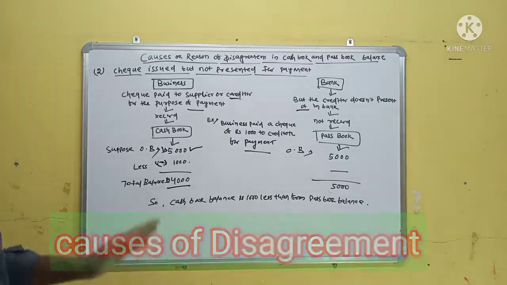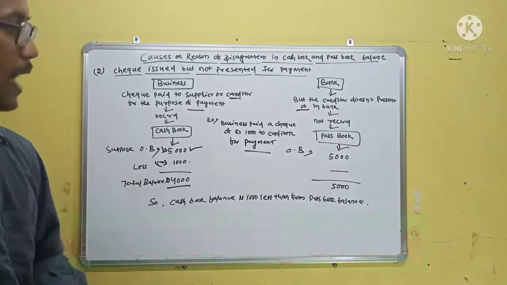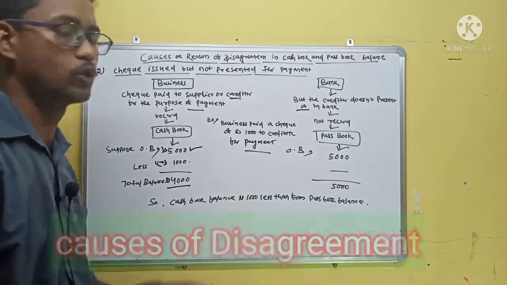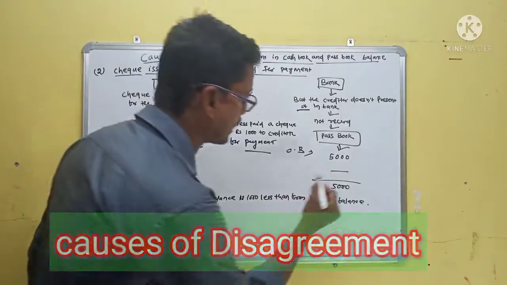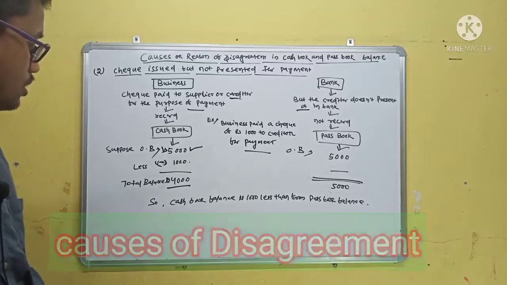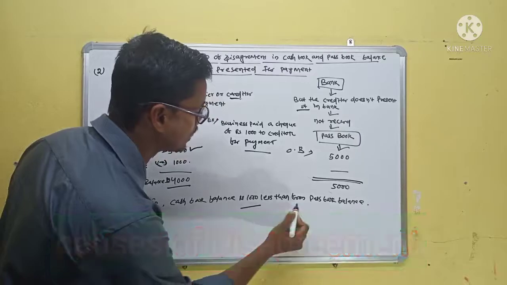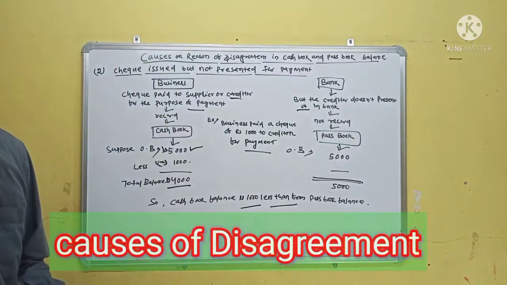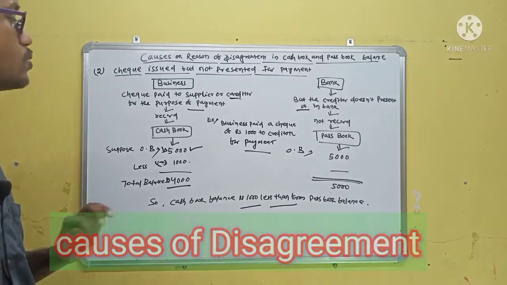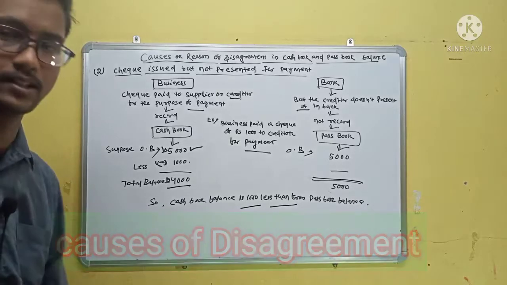But the check is not presented by the creditor in the bank, so the bank does not record such a transaction in the passbook. So the passbook balance remains constant at rupees 5000, and in this way the cash book balance is rupees 1000 less than the passbook balance, and the difference is rupees 1000.